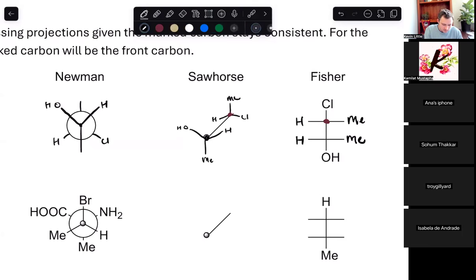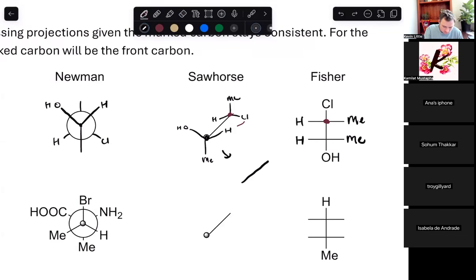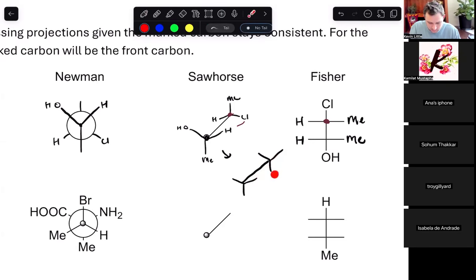If it helps, I can show you just for this one how you can draw this in a more suggestive sawhorse. So I already have the front carbon right. That's one thing you have to double check with the sawhorse, is that the front and the back carbon are right. So if I want to do the sawhorse method, I need that chlorine to be straight down. I'm going to draw this orientation for the sawhorse, where I've got the two legs up and the things down. So I need that chlorine to be down because it's at the top.